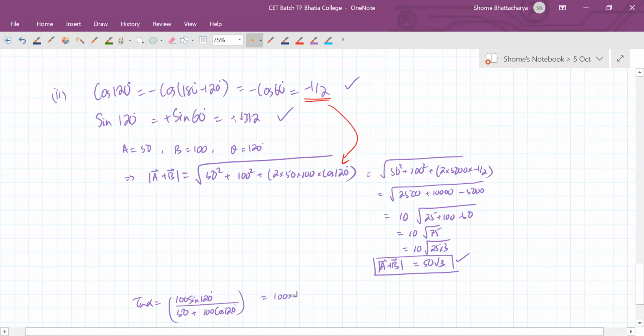So this is 100 into root 3 by 2 upon 50 plus 100 into minus half. So there's a 0, so that means it is undefined. Okay. So tan alpha is undefined, implies that alpha is 90 degrees.